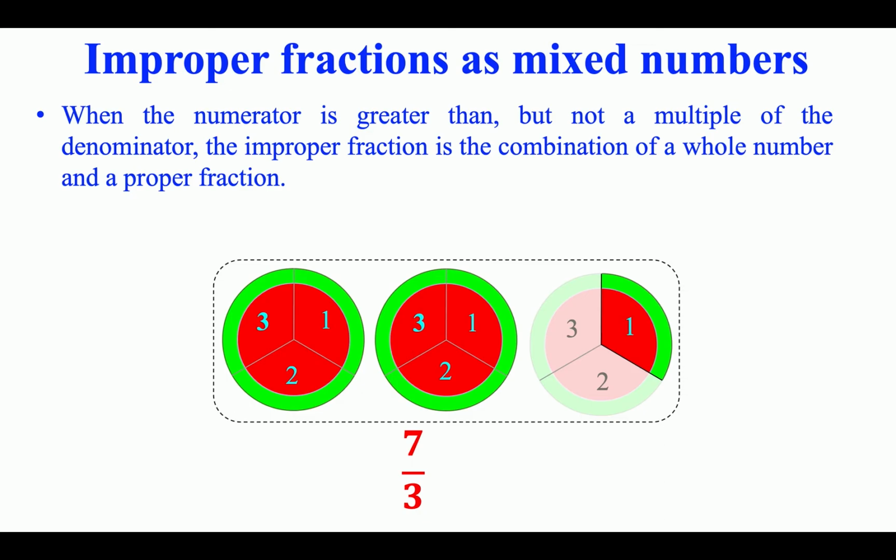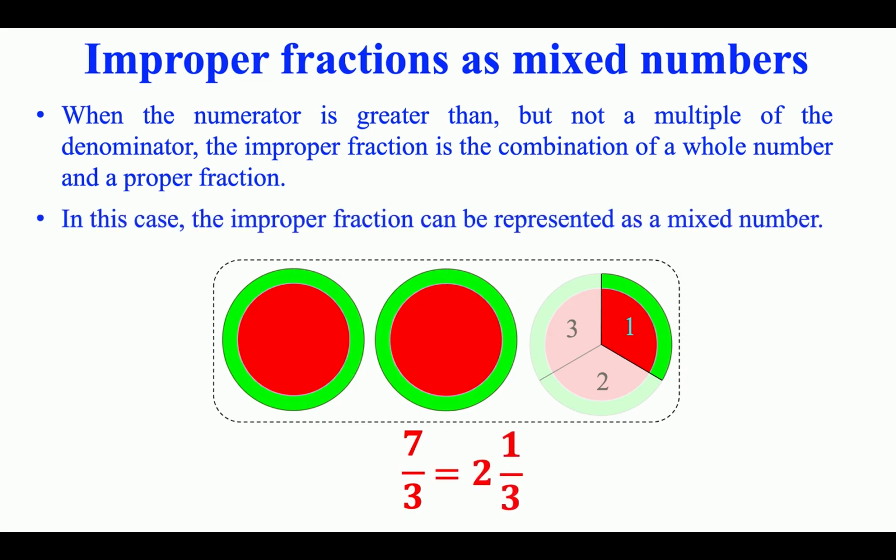When the numerator is greater than, but not a multiple of the denominator, the improper fraction is the combination of a whole number and a proper fraction. In this case, the improper fraction can be represented as a mixed number. For example, 7/3 equals 2 and 1/3.